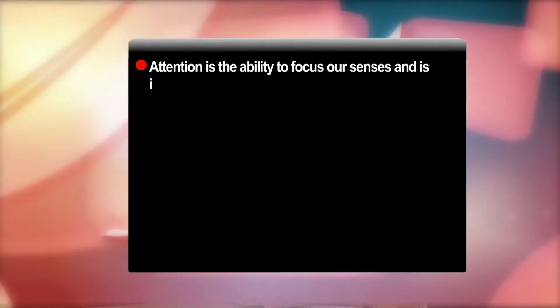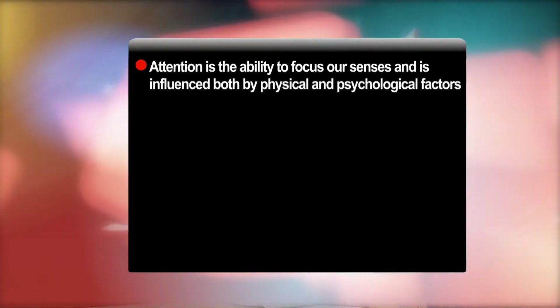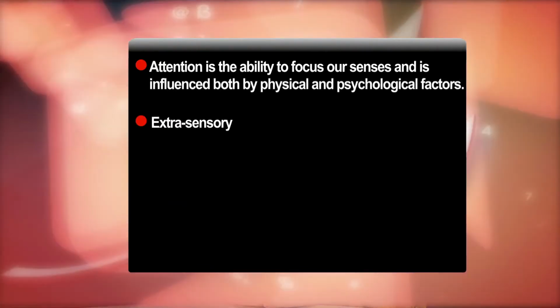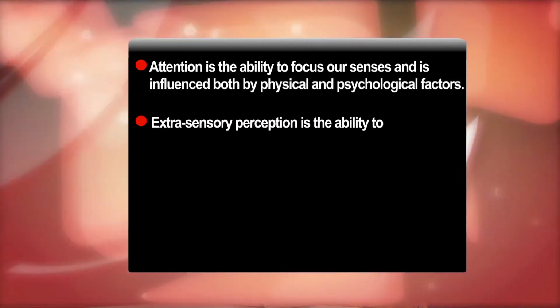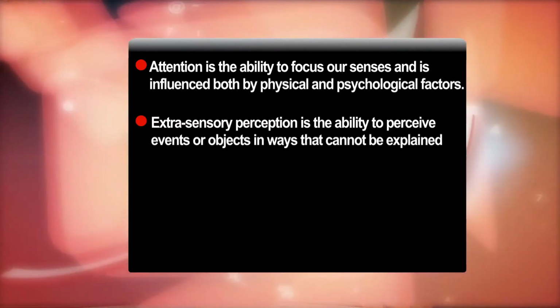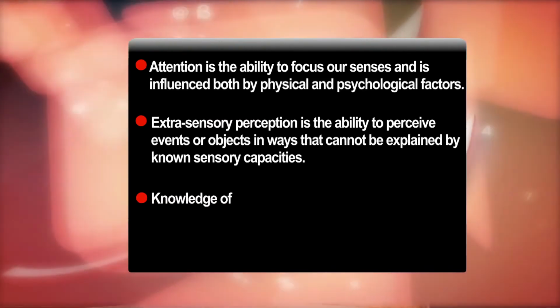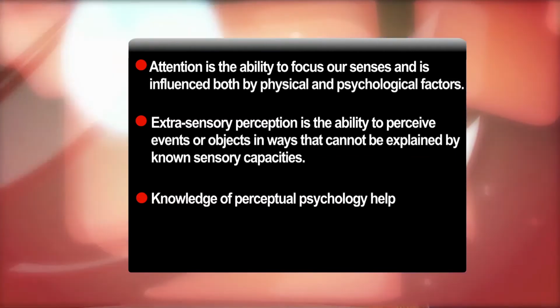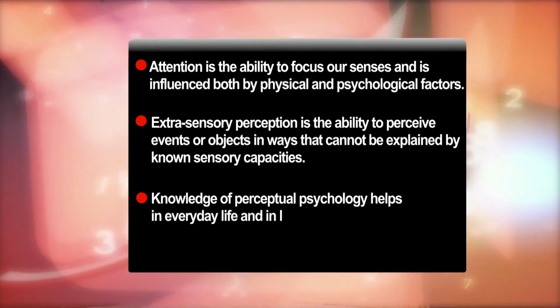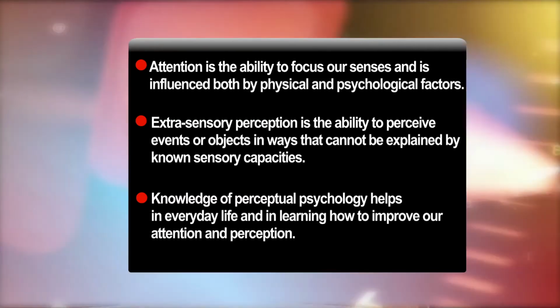Attention is the ability to focus our senses and is influenced both by physical and psychological factors. Extrasensory perception is the ability to perceive events or objects in ways that cannot be explained by known sensory capacities. Knowledge of perceptual psychology helps in everyday life and in learning how to improve our attention and perception.